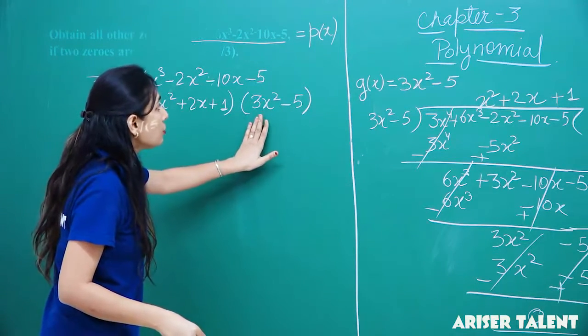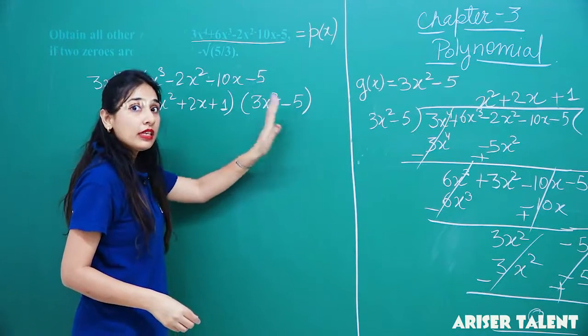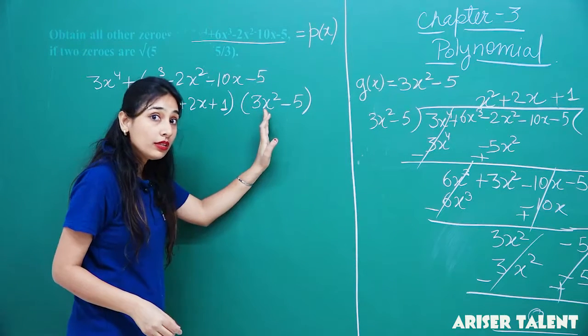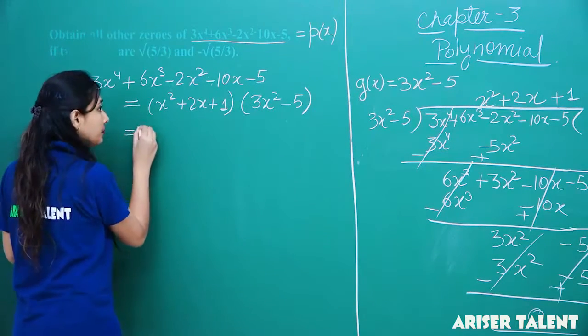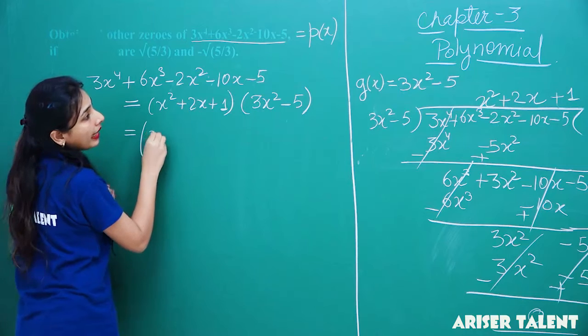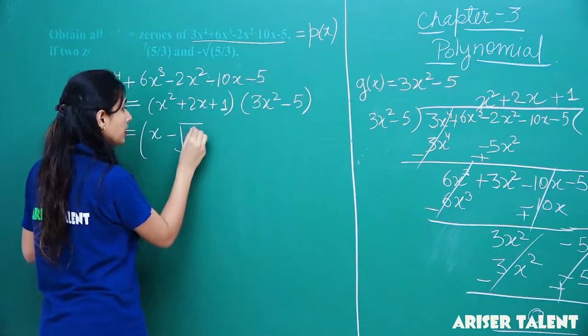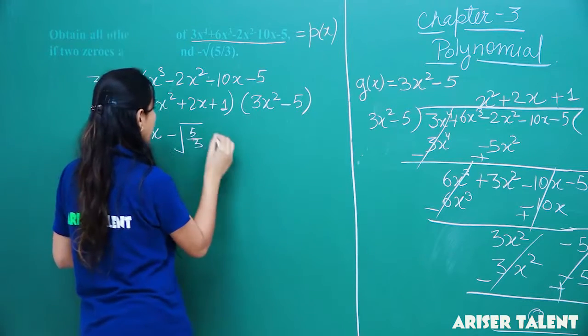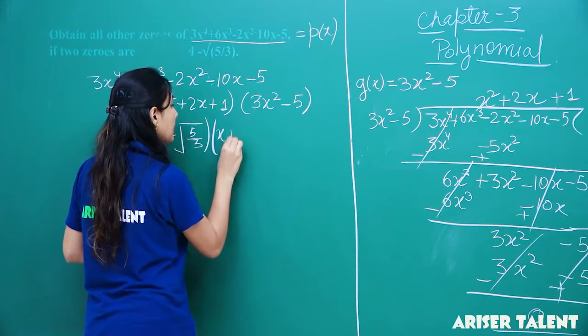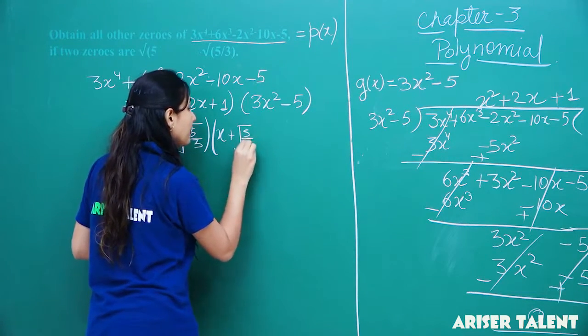Now this 3x square minus 5 already has its own factors, which are x minus root 5 by 3 and x plus root 5 by 3.